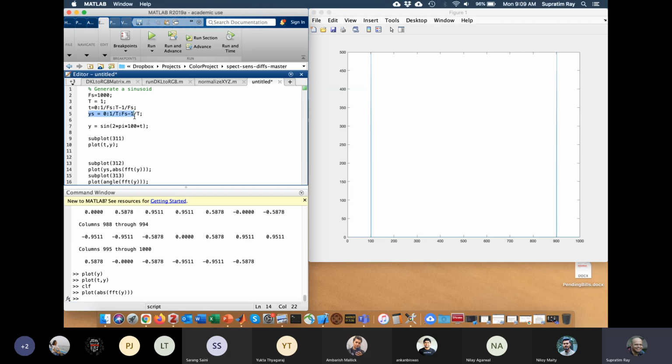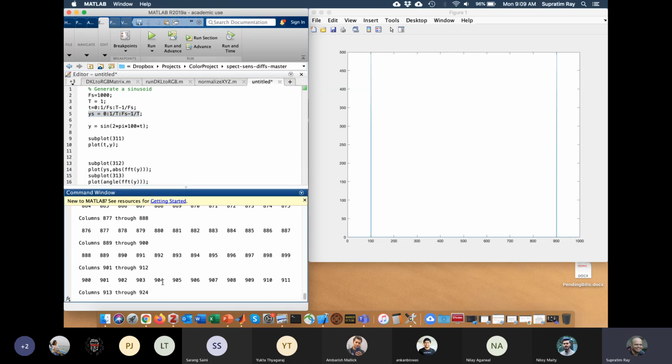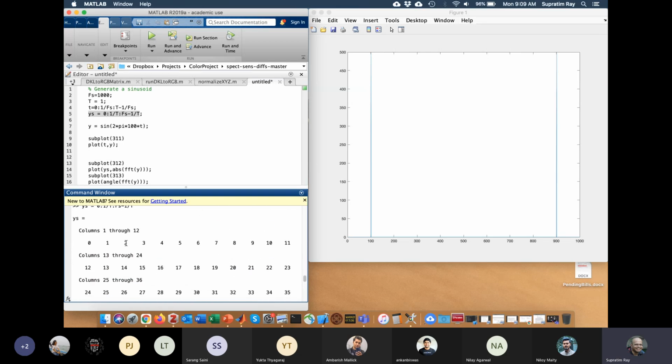So you have to apply that conversion, and that is done here. This gives an axis from 0 to 999. So the first is 0, the second one is 1, the third one is 2, and so on.